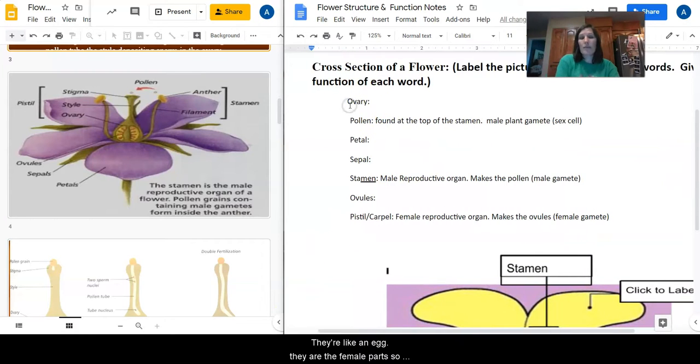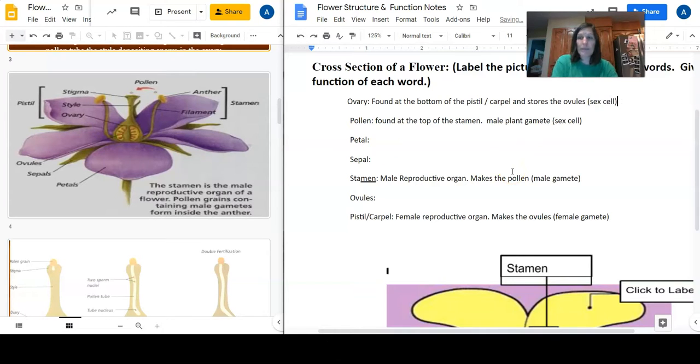So the ovary is found at the bottom, can't type today, of the pistil or carpel, depending on what you want to call it, and stores the ovules, okay? Which again, remember, is the female sex cell.